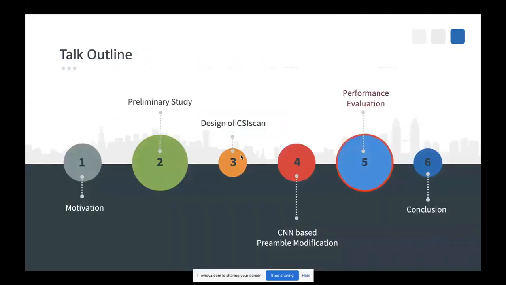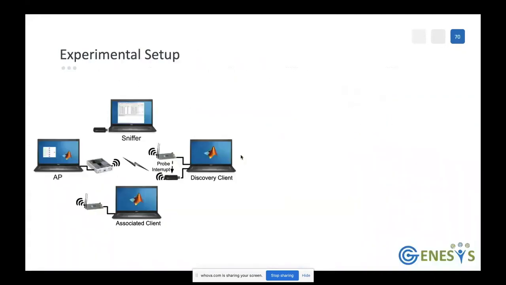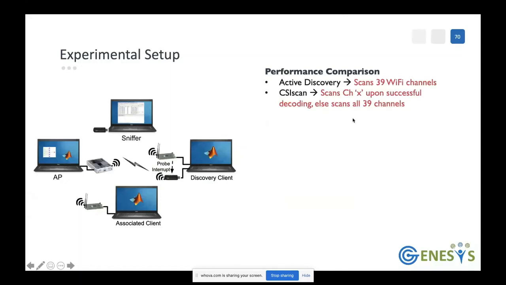Now let's go through the performance evaluation section. So this was our experimental setup. We had an associated client and a discovery client. Just to compare with the traditional active discovery protocol, it scans all the 39 available channels, including 2.4 and 5 gigahertz.